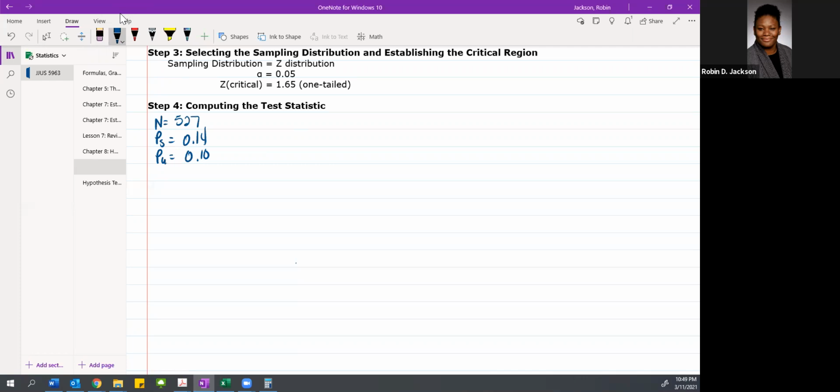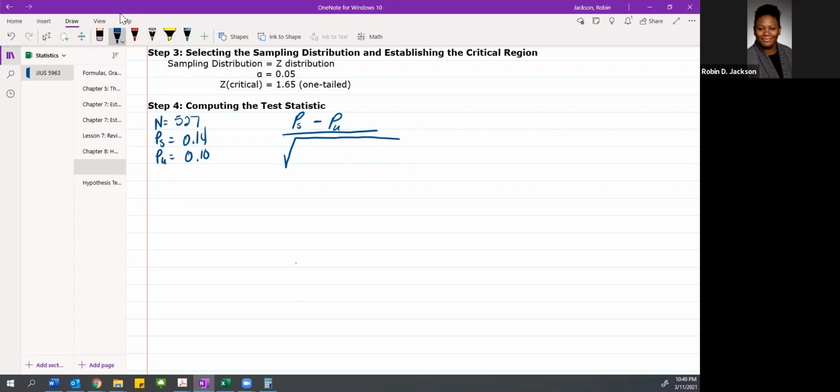So let's go ahead and write out this equation. That's going to be the sample proportion, which is symbolized with the P sub S, subtract the population proportion, which is symbolized with the P sub U, divide that by your, and all of this is going to be underneath the square root, signifying that once you're done with the calculation in here, you get the square root.